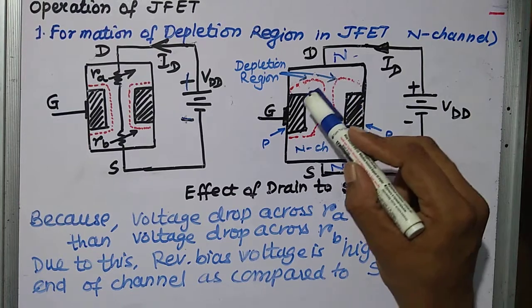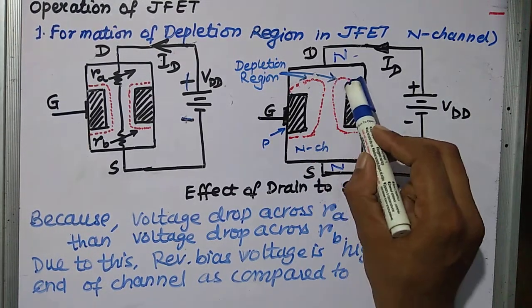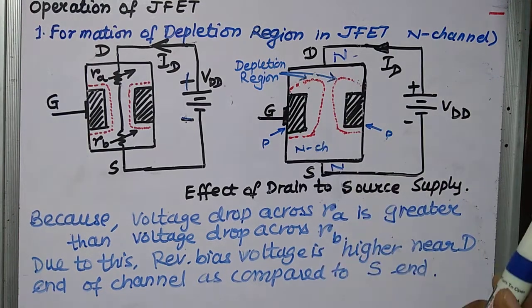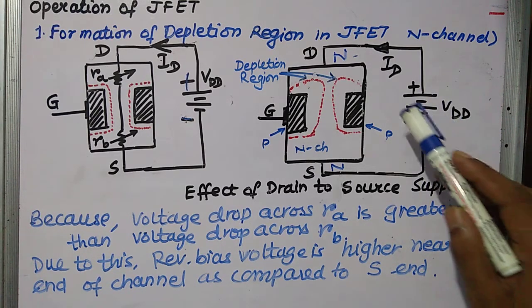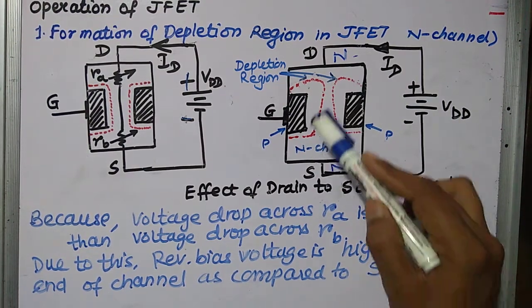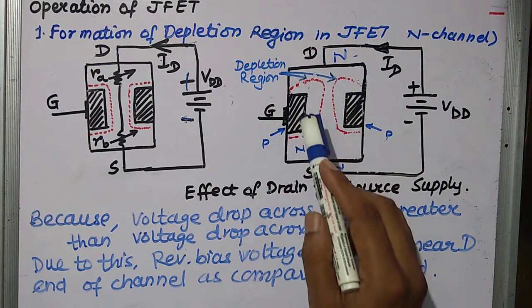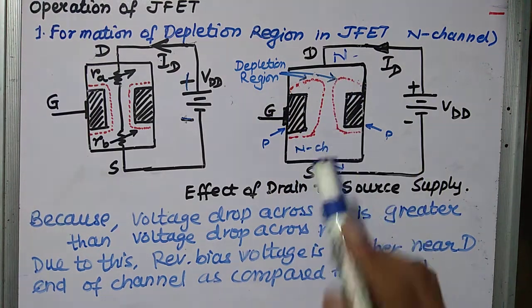Hence we say that the width of the depletion region is asymmetrical, more towards the drain as compared to source, just because the reverse bias is different at different ends. More at drain end, less at source end, and hence the width of the depletion region is asymmetrical at drain and source.